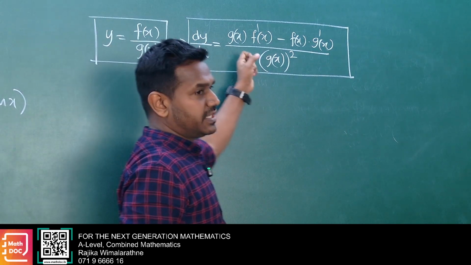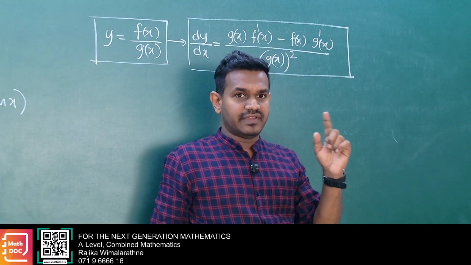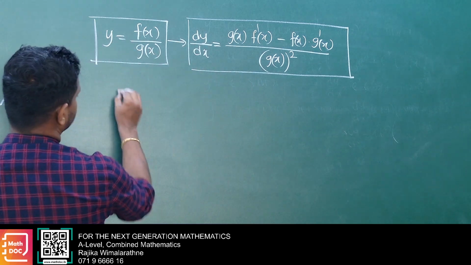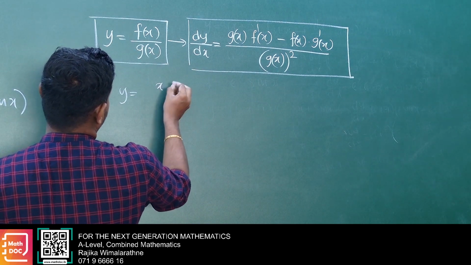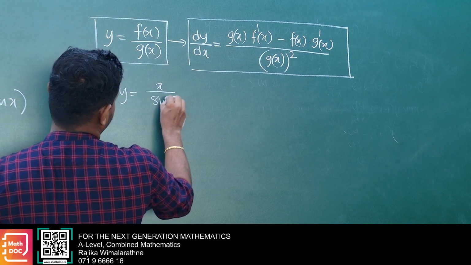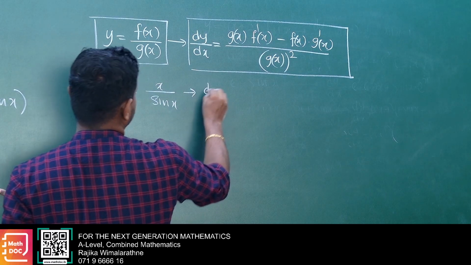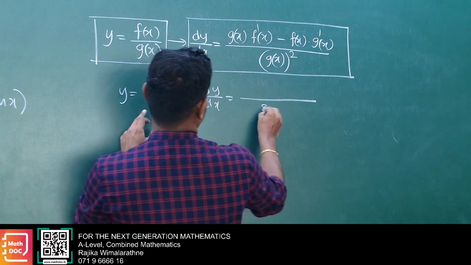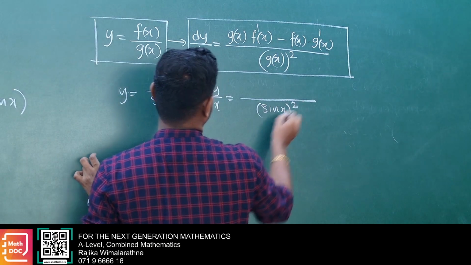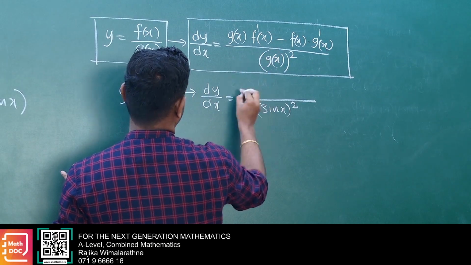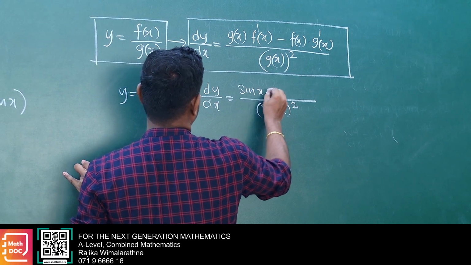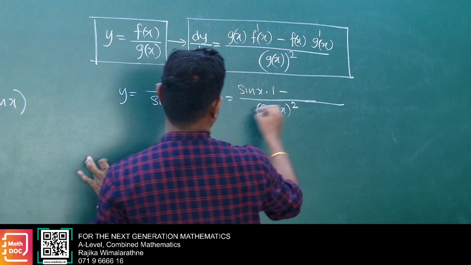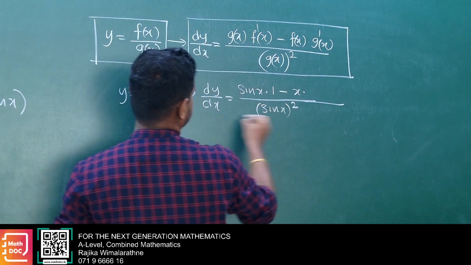This relation we obtain by using first principles. When you have division of two functions, apply that rule. Check y equal x over sin x. Then dy by dx: denominator square, denominator sin x times derivative of numerator 1 minus numerator times derivative of denominator, sin x derivative cos x.